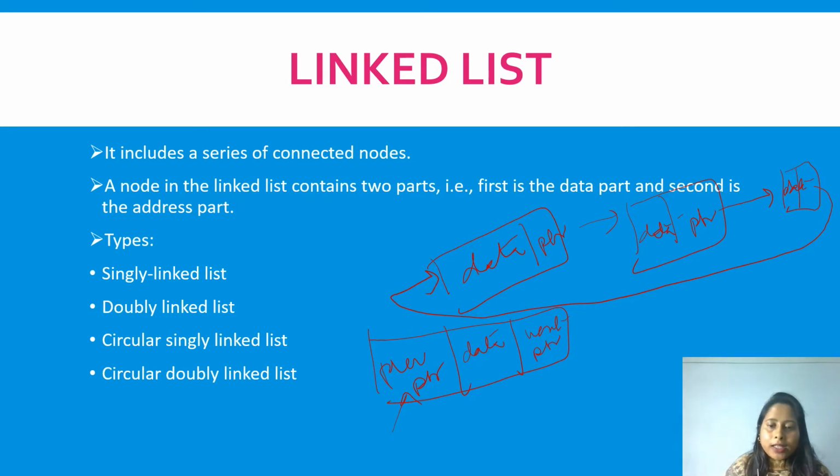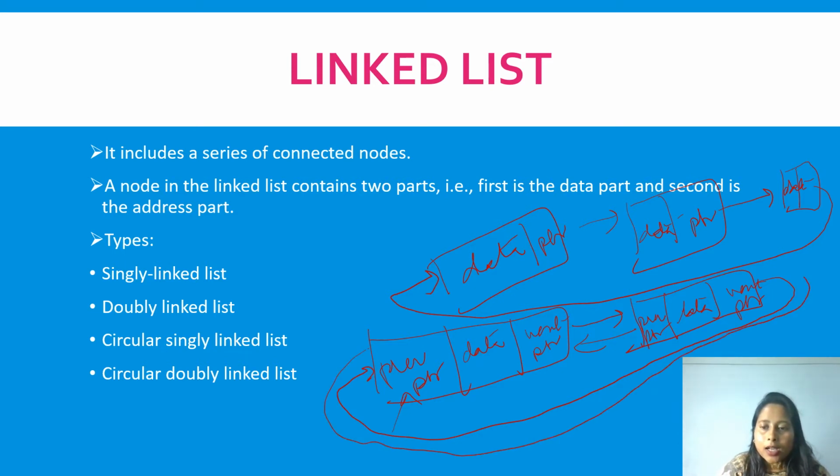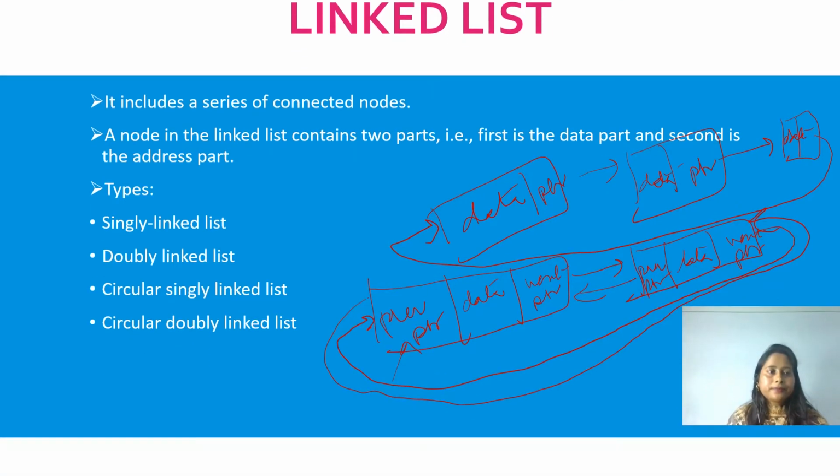Let me draw the doubly linked list first: this is the previous pointer, this is the data, and this is the next pointer. Now in a circular doubly linked list, the last node will point to the first node, and the first node will point to the last node. So this is an example of a circular doubly linked list.